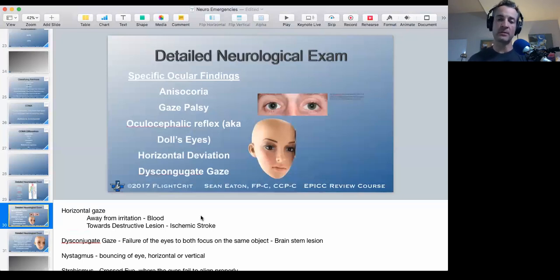We know that ischemic strokes, somebody with a history of AFib and a sudden acute onset of stroke-like symptoms, and their eyes are deviated to the right and they've got left-sided deficits, that's just another way to clue you in that this is probably an ischemic stroke.